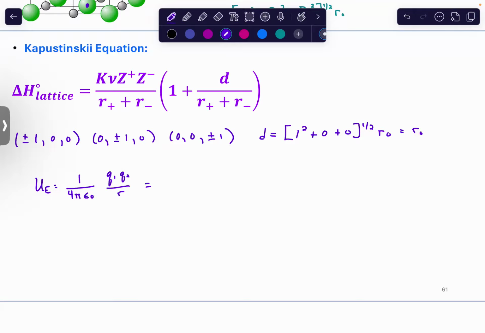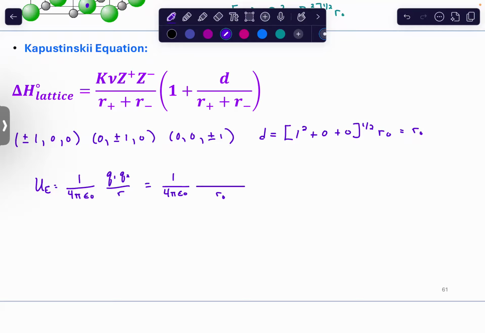But in our case, now this will be over R0, but we need to think about how to put Q in here. What's a good way to calculate the Q of an ion?